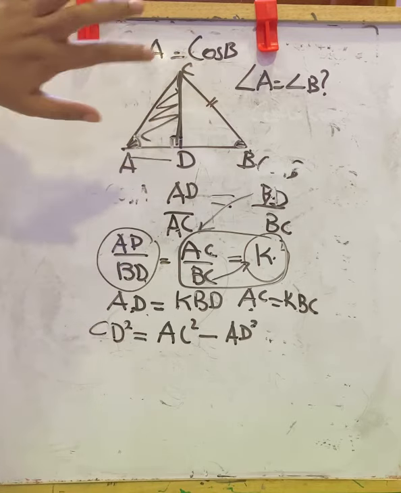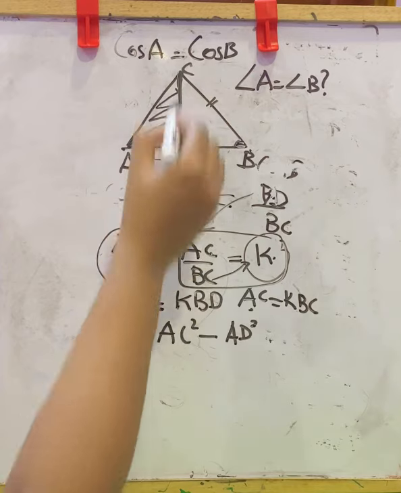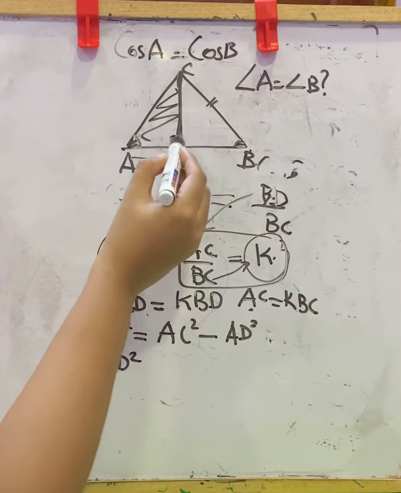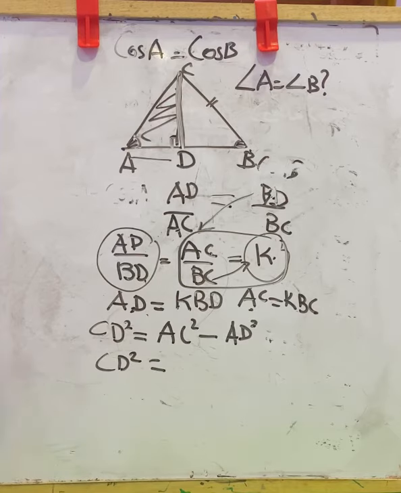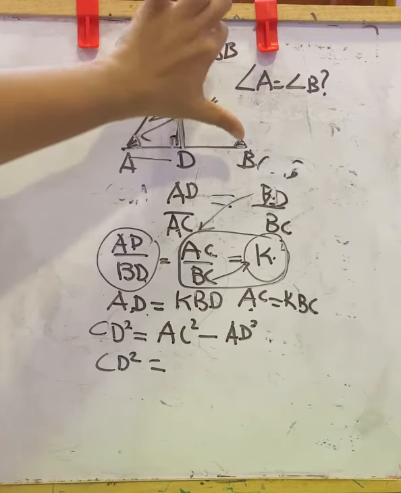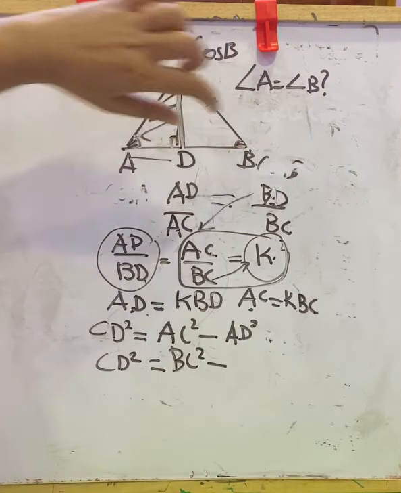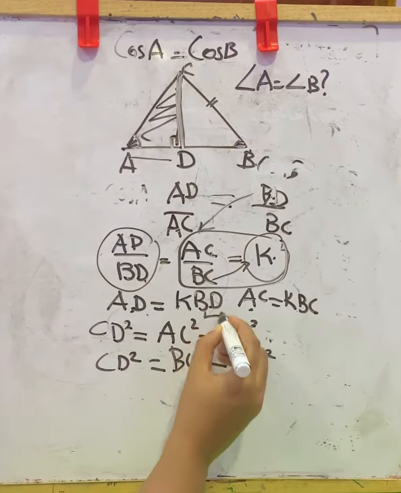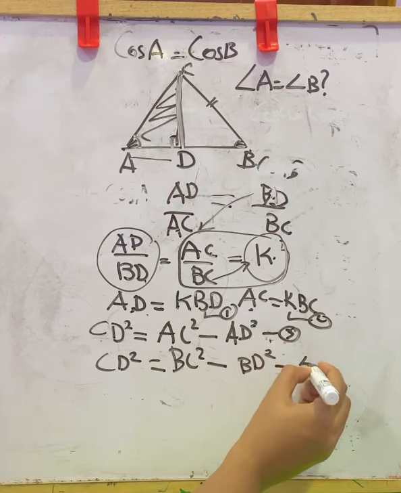Similarly in the other right triangle, we can find CD square again because the height is same. CD square is equal to BC square minus BD square. Let this be the third equation and this the fourth equation.